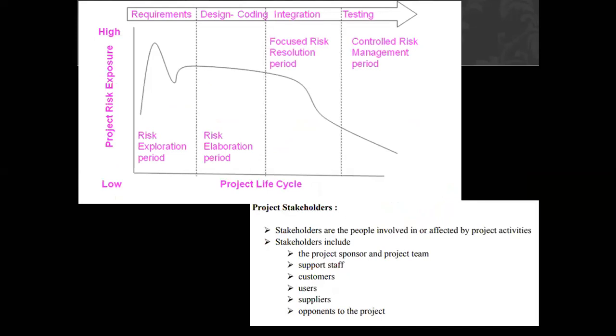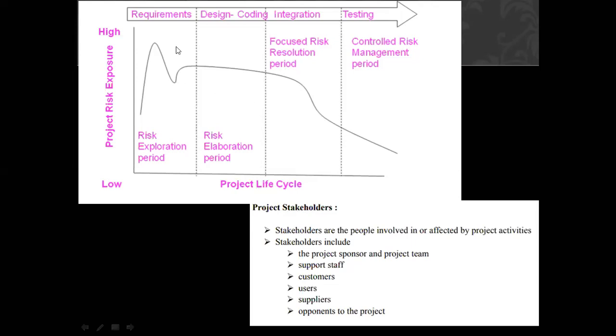So this particular graph that you are watching in this slide is showing you the risk exploration period, elaboration period, and focused resolution period. In this one you can see one thing is common from the requirement phase up to when integration starts: the risk is certainly high.